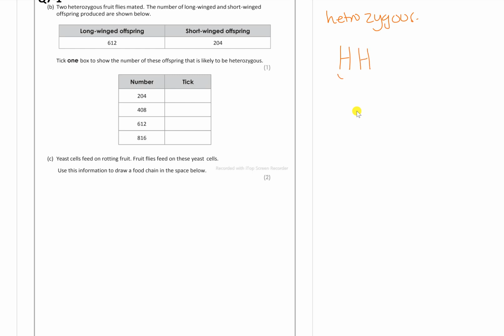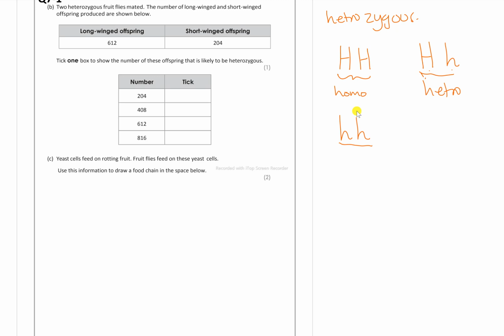This is homozygous, meaning the same. If you have H and lowercase h, tall and short, this is heterozygous. You can also have homozygous as short and short. So this is also homozygous.